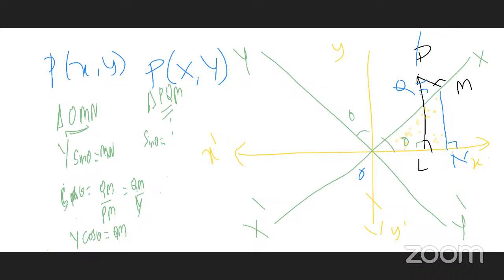Y sin theta is equal to QM. So here I am going to apply cos theta. Cos theta is equal to adjacent PQ by PM. We know the value of PM, PM is Y. Therefore, Y cos theta.